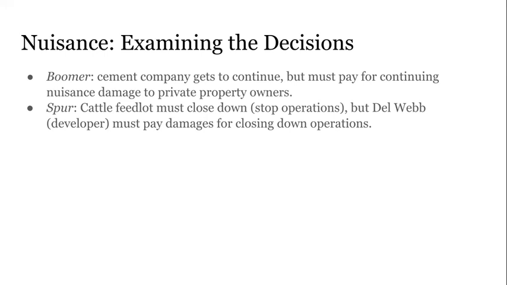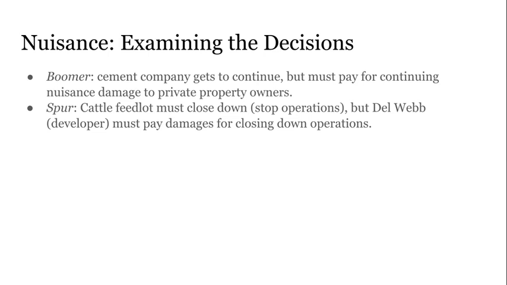We can also understand that there's a lot more people at stake in this case, meaning that not only is Spur not the economic engine that Atlantic Cement is in Boomer, but there's a heck of a lot more people that are claiming the effects of the nuisance. There are a lot of homeowners. So again, here you see that sort of balancing happening, where it's like, well, on balance, what's the thing that we need to do here?